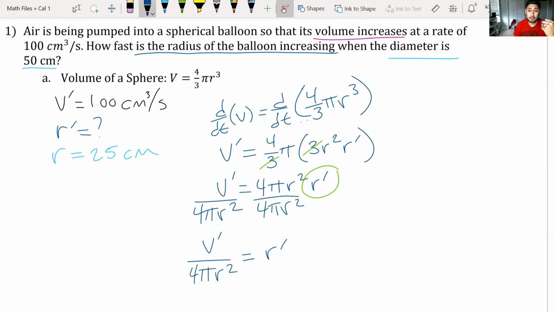Now let's check our formula and see if we have everything we need. Do we have a V prime? Yes, that's the 100 cubic centimeters per second. Do we have an r? Yes, that's the 25 centimeters. Since we have those components, now we plug them in after we've taken the derivative.